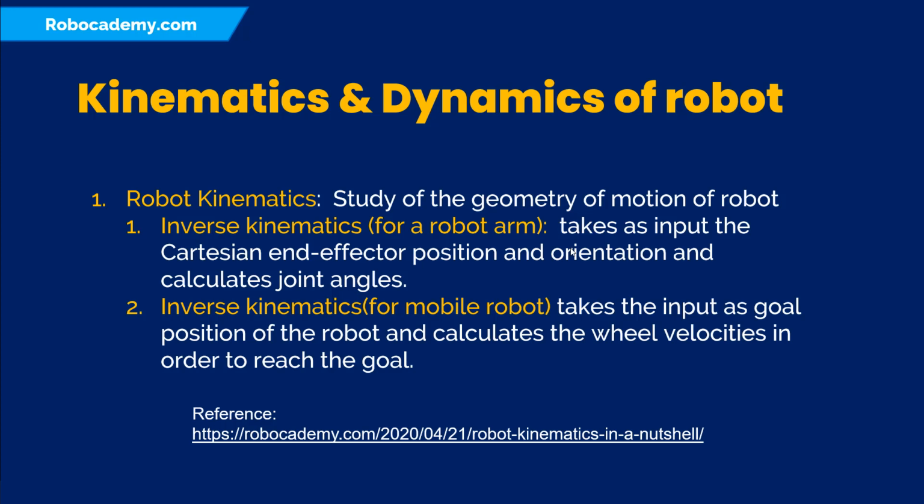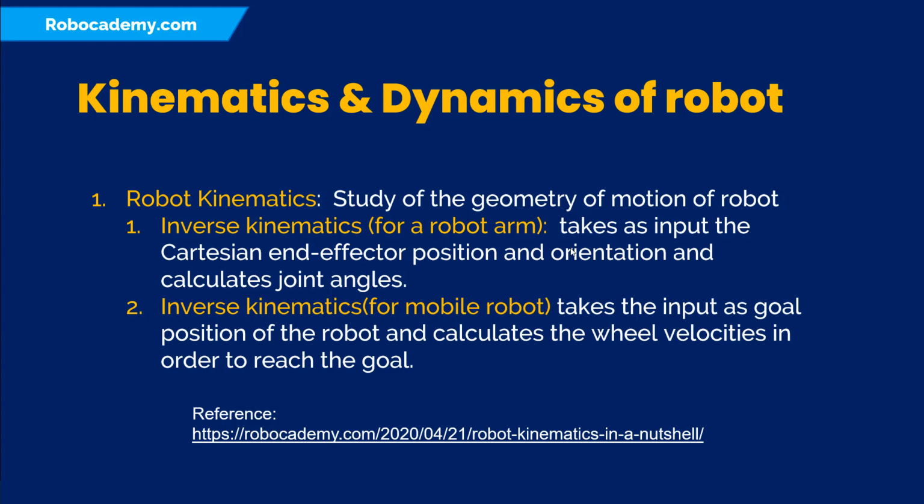In the case of a mobile robot, if I'm giving a goal position, like, hey robot, just go to x1, y1 position, the robot will go from the current position to the goal position.